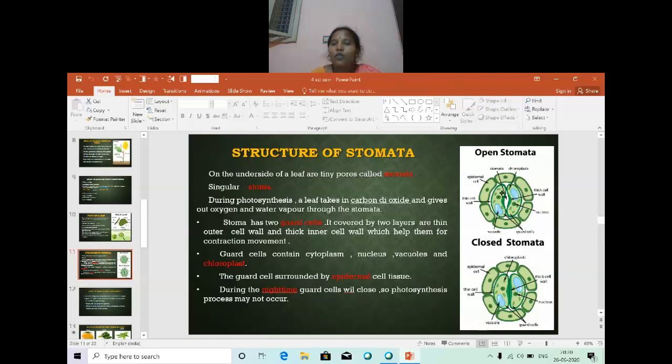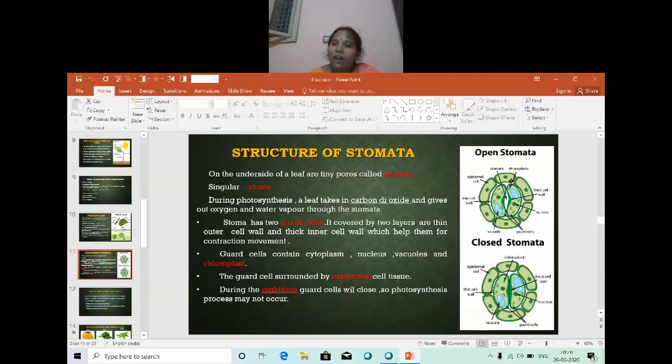See, this is the structure of stomata. It has two guard cells, no? The two cashew-shaped cells are called the guard cells. The guard cell is covered with a cell wall. The inner side of the cell wall is thick. The outer side of the guard cells has a thin cell wall.